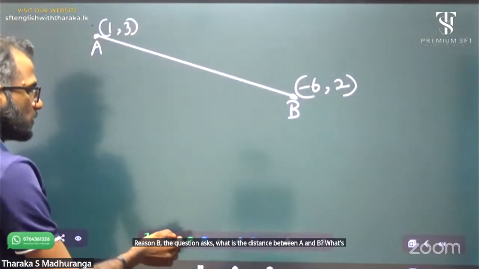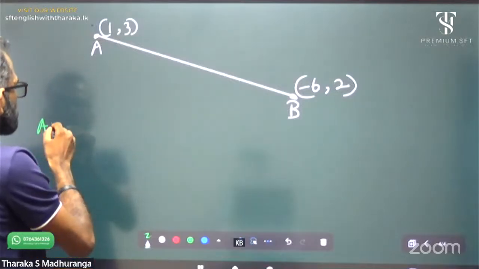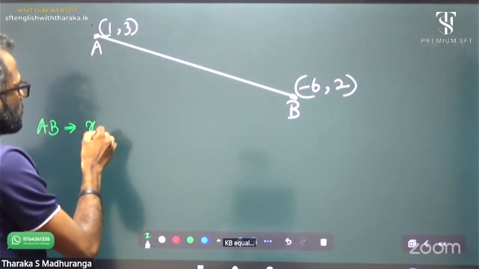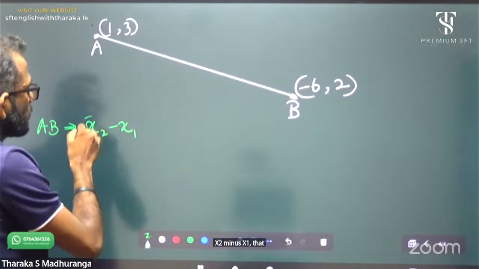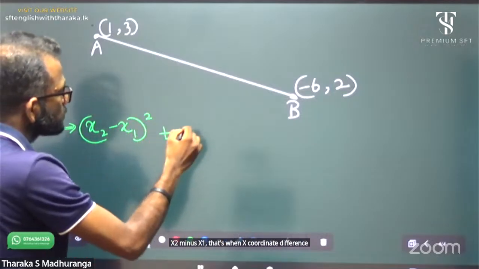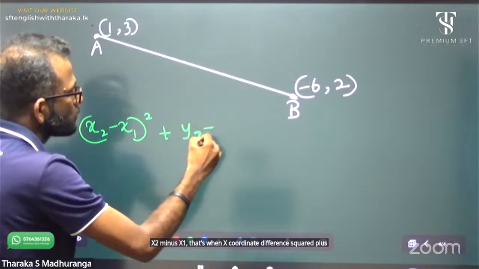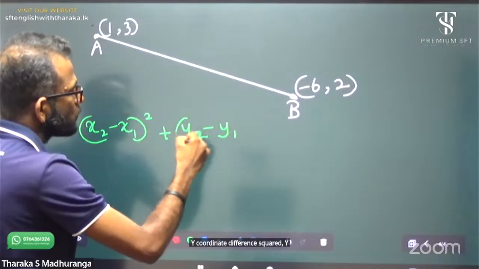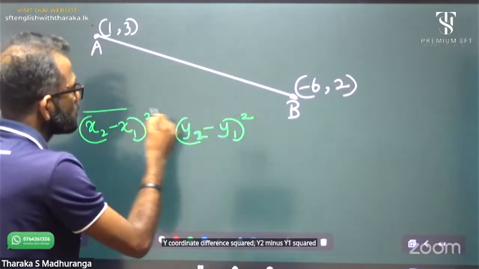What's the equation? AB equals the square root of x2 minus x1, that means the x coordinate difference squared, plus the y coordinate difference, y2 minus y1, squared.